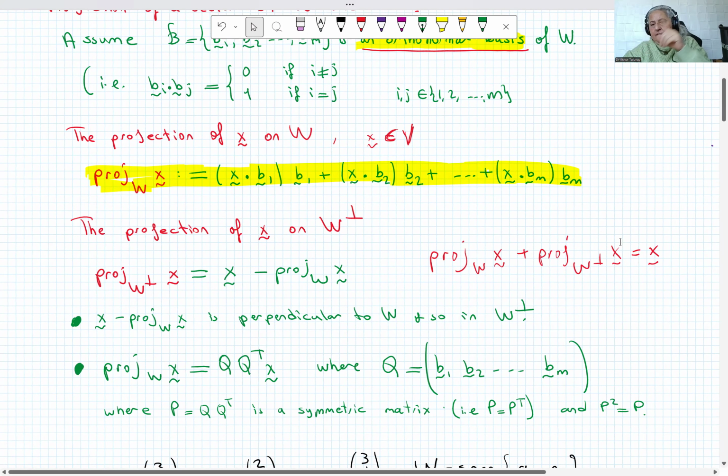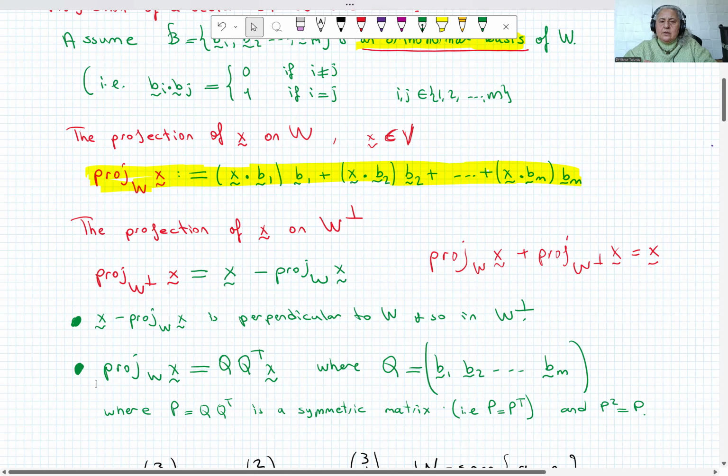Basically, as a vector, the projection of the vector x on W plus the projection of the vector x on W complement will give you the vector x. This is just a vector addition, nothing else. This part is a term, this part is a term. Here, we realize that this vector is perpendicular to W, so it is in W complement.